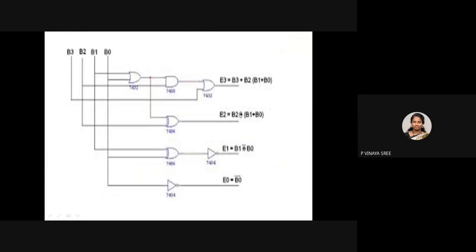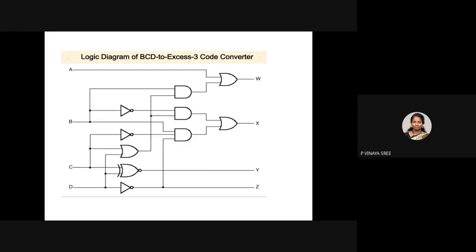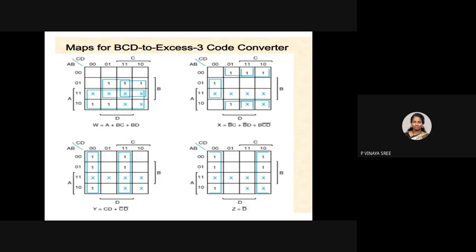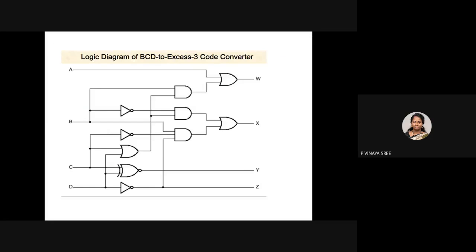So see here. This is the diagram that we have done, B3 plus B2, and we have considered common B1 plus B0. This is your diagram. But I already said that we can also do it with Boolean algebra simplification. This is the one where the exact output of this is the output we have considered for this logic diagram.